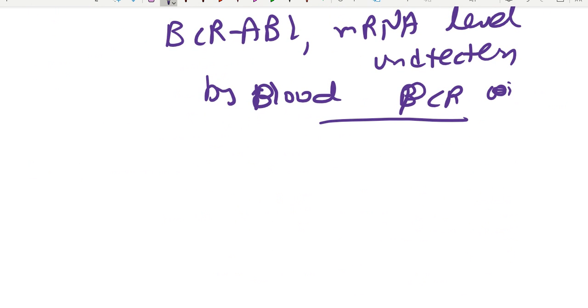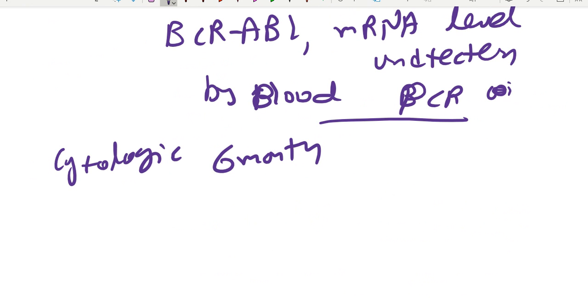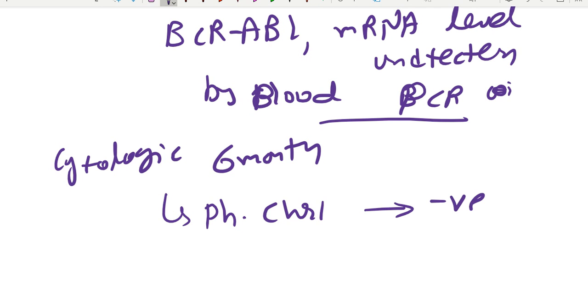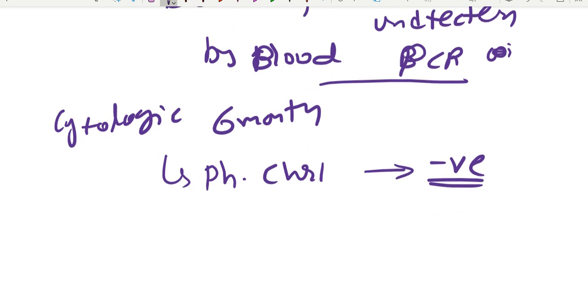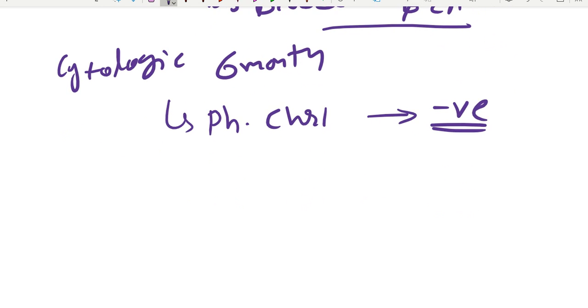And cytogenetic response occurs in 6 months. In cytogenetic response, the Philadelphia chromosome which is positive in bone marrow becomes negative after 6 months of treatment with imatinib.